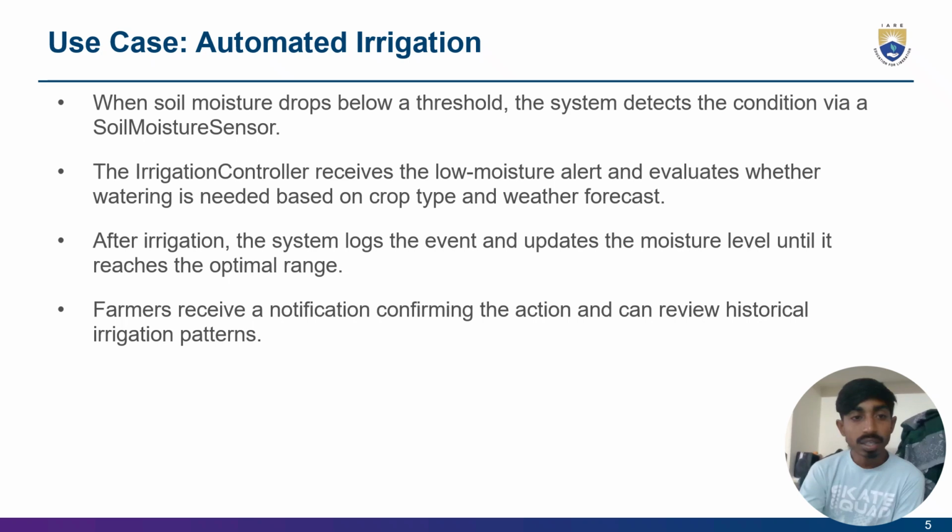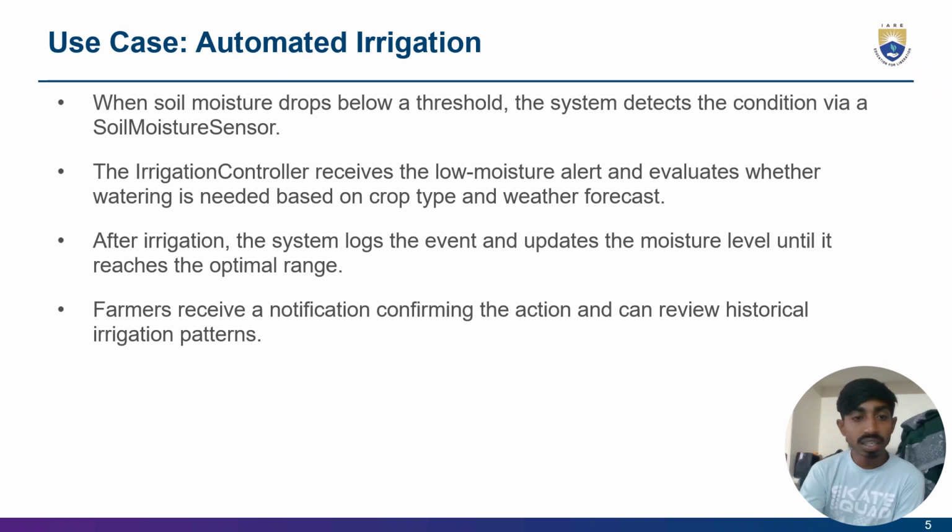Next, use case: automated irrigation. When soil moisture drops below a threshold, the system detects the condition via soil moisture sensors. The irrigation controller services the low moisture alert and evaluates whether watering is needed based on crop type and weather forecasts.